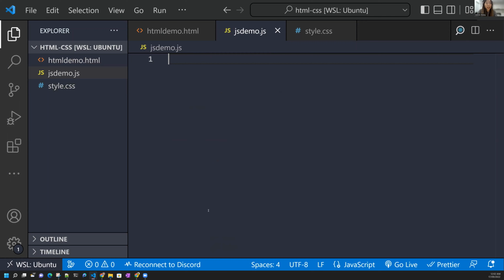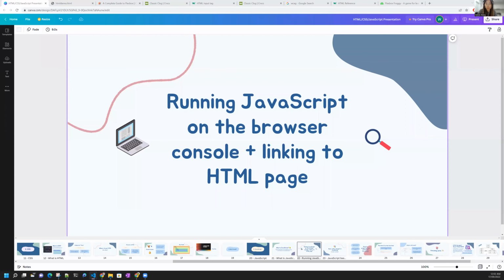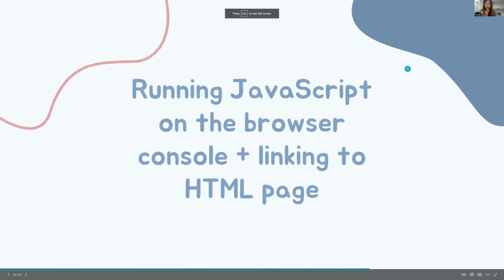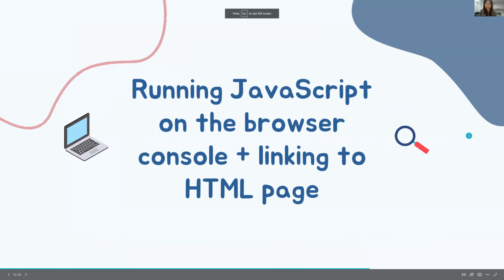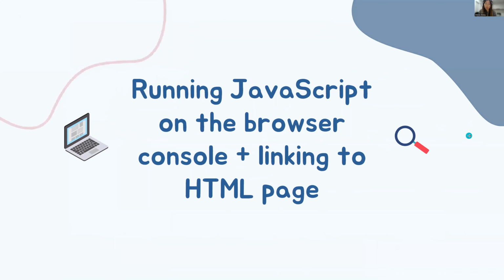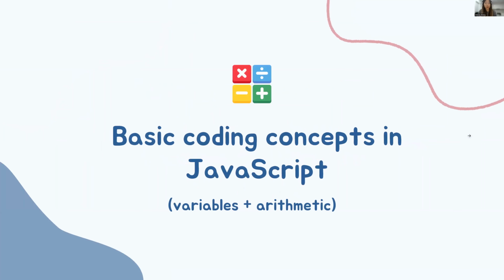Now let's have a go at writing some JavaScript. Since we've linked our HTML page to the JavaScript, all our JS output from any printing will appear on the web page.